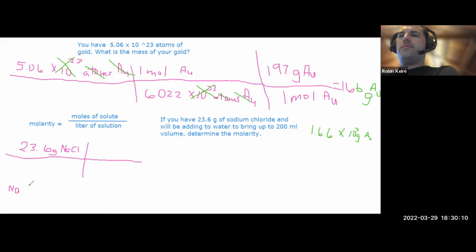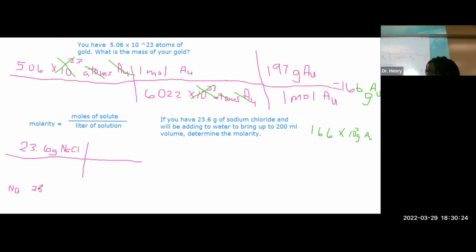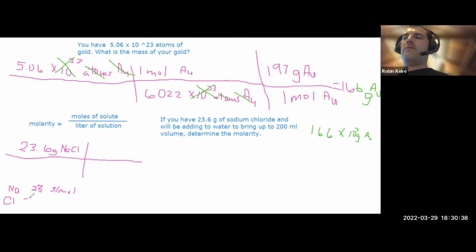And that weighs 22.990, so about 23, and that's grams per mole. And then we have chlorine, which is 35.45.